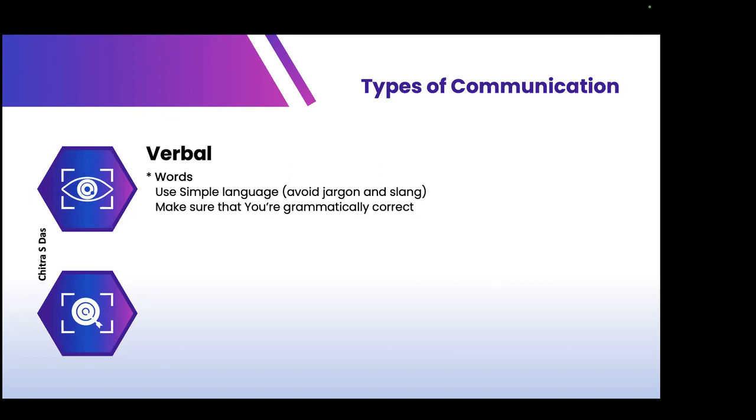We use words to communicate, and what we could do is use simple language when we are speaking to people. Let's say within the wow circle, we use a lot of terminology. So when you are going to speak to others who don't have any exposure to wow, you might want to avoid the jargon and slang, like the terminology or the fluidity or all the technical words that we use.